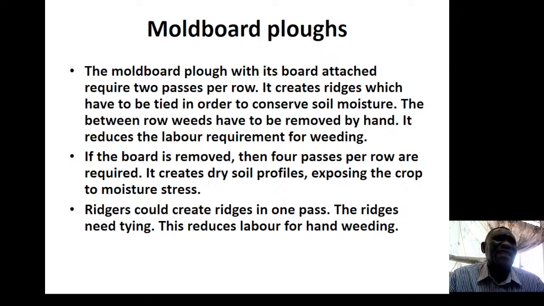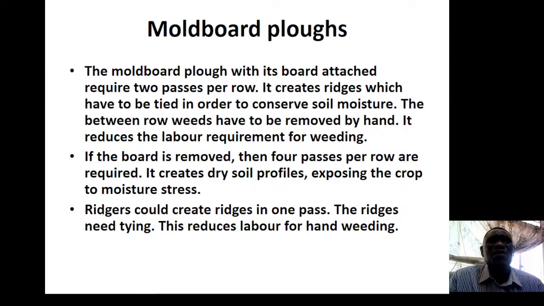The advantage is that it can create ridges which could be tied or blocked to create moisture conservation techniques. It can also reduce labor requirement, but the fact that it can create ridges and we can conserve moisture is a good advantage.